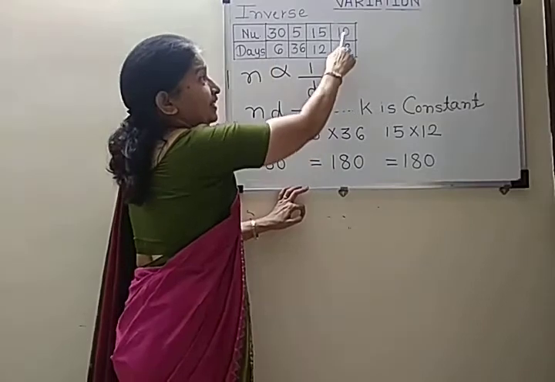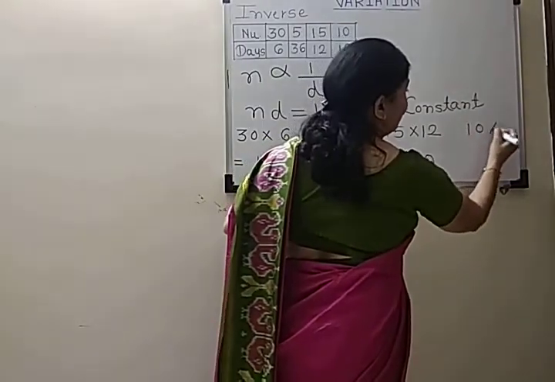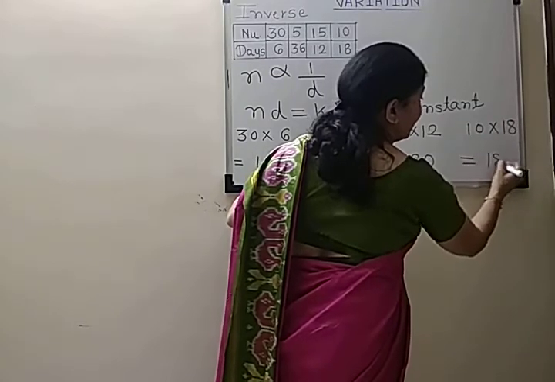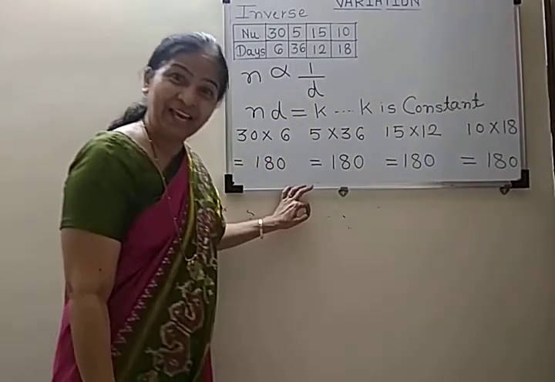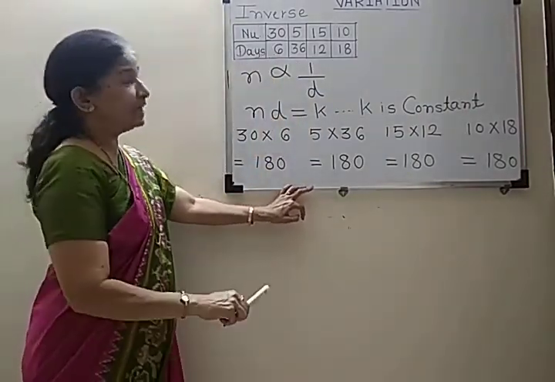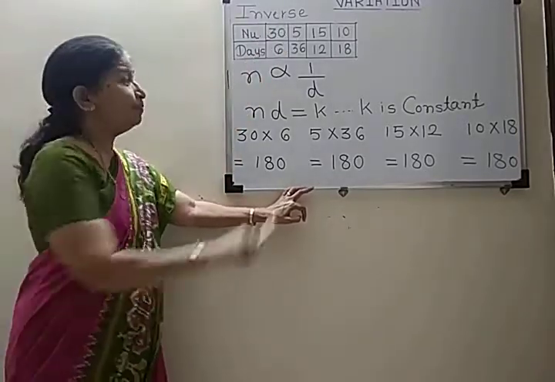Then 10 times 18, it will also come as 180. Means if you are observing, in inverse variation, multiplication is constant.